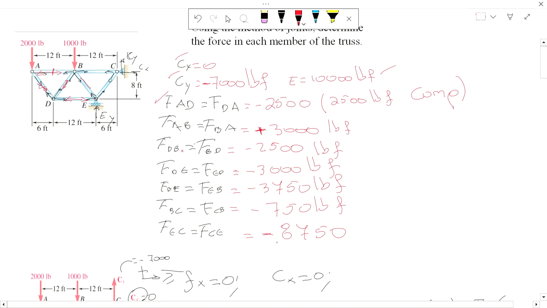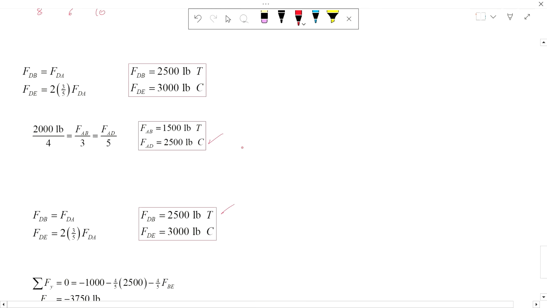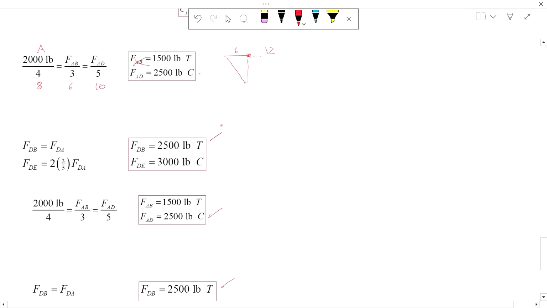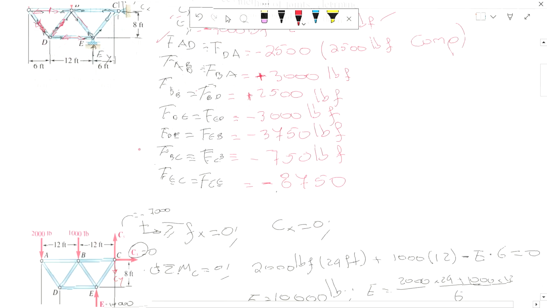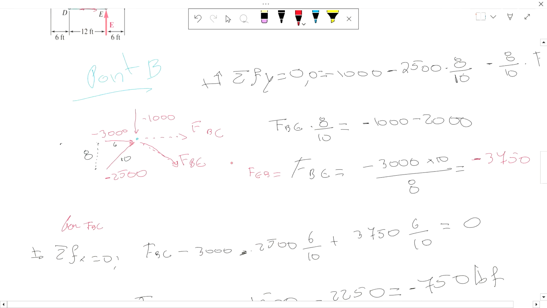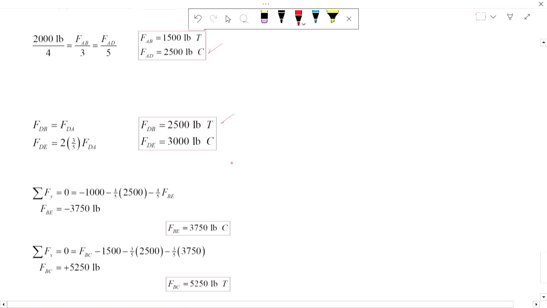So I had a typo, D to B is in tension because A to D is in compression, therefore this one is stretching since it's the same concept. So D to B is 2500 in tension. They have D to B is 2500. D to E, they have 3000, and we have 3000, in compression. Yep.